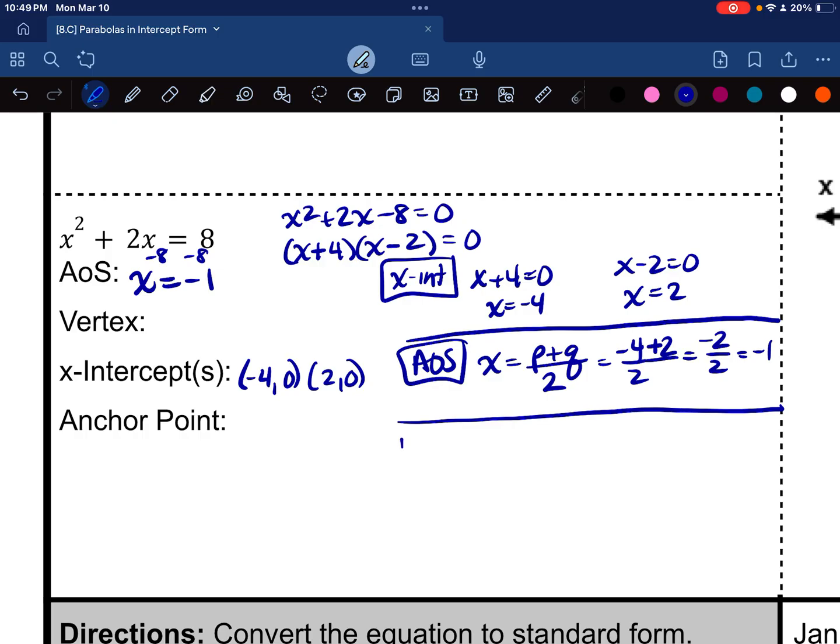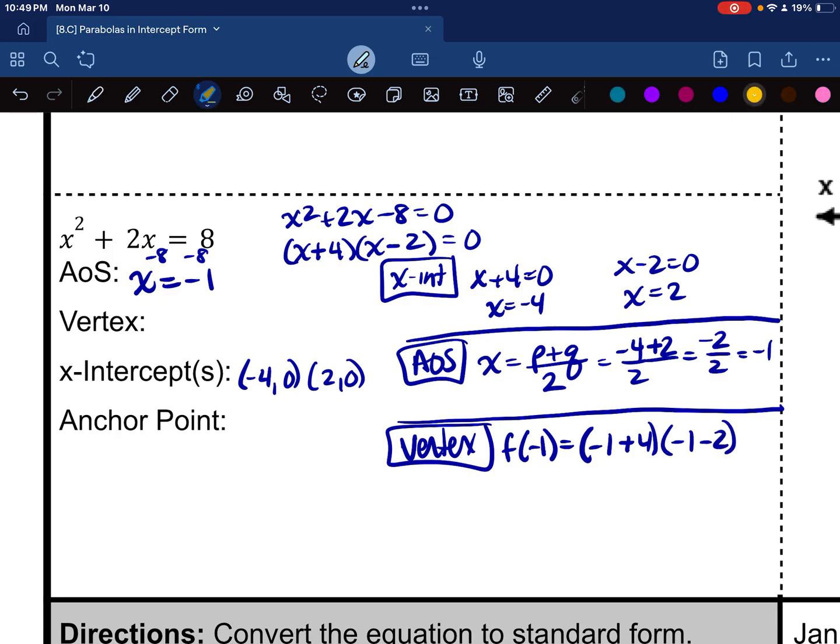And then for my vertex, I'm taking the equation. Instead of having 0, I'm just saying f of x, and I'm replacing x with negative 1. All right, because an equation can't have a y value if there's no y.